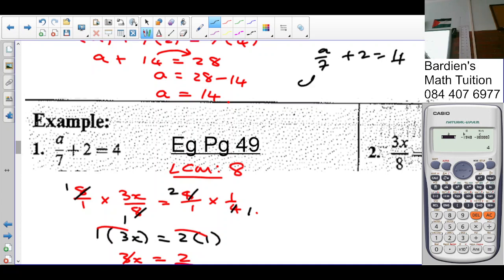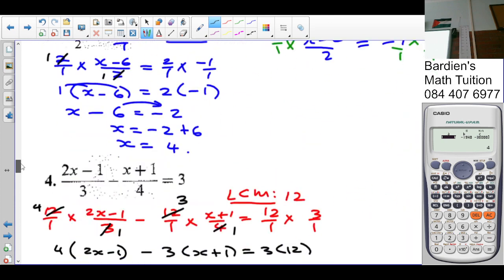We can check it: a is 14, that's the left hand side of the equal sign. So it's 14 over 7 plus 2. What's 14 over 7? 2. And 2 plus 2 is? You see it works.